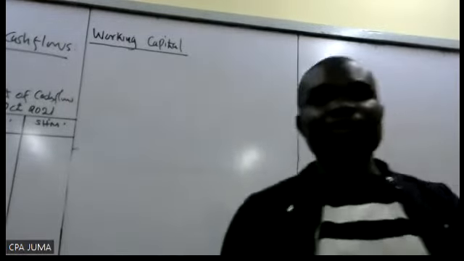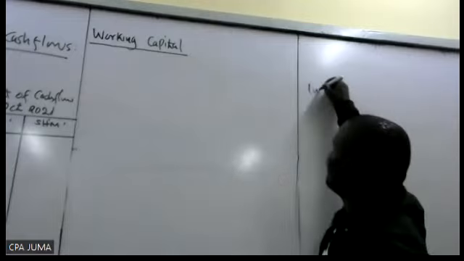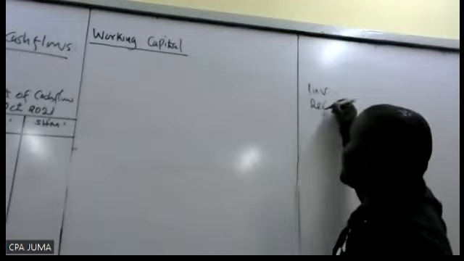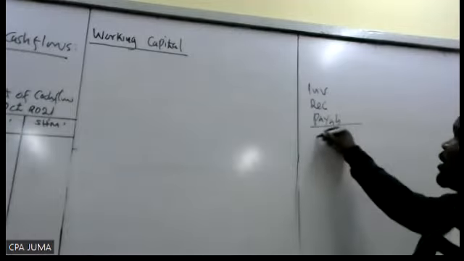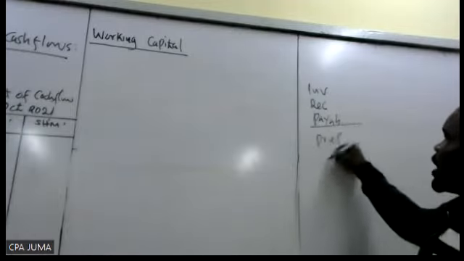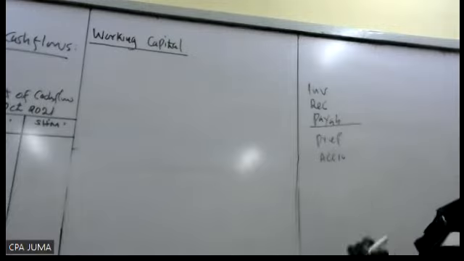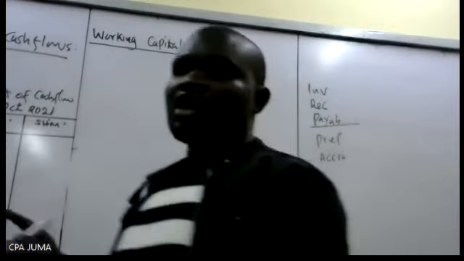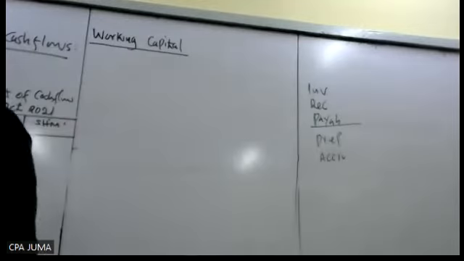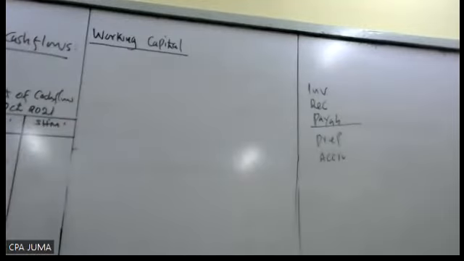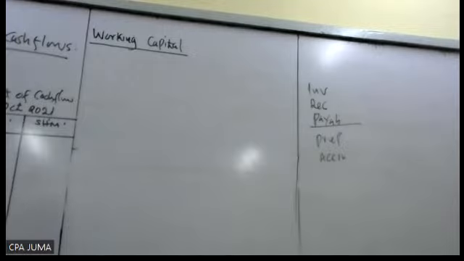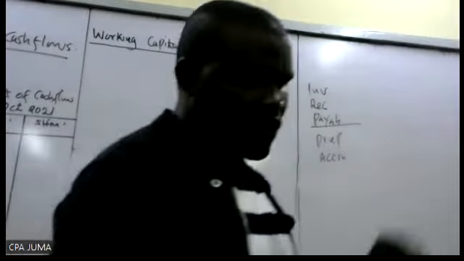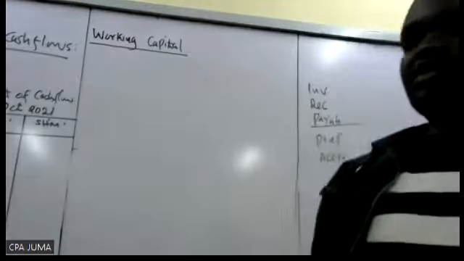Assets. Most importantly, these three: inventory, receivable, payables. By extension, you can have prepayments and accruals, but mostly those. So can we go to our question? Let's go to our question. Tell me, inventory, start with inventory. Tell me whether it is an increase or decrease, and by how much.